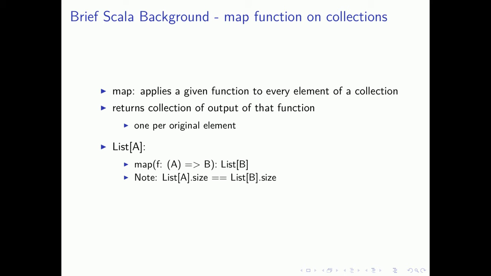But for every A, I'm creating one B, and I'm creating a big new list that has all the B's in it. And I have one B for each of the originals. So the original size and the size that gets created afterwards, those two lists are the exact same size, but they now have different content.